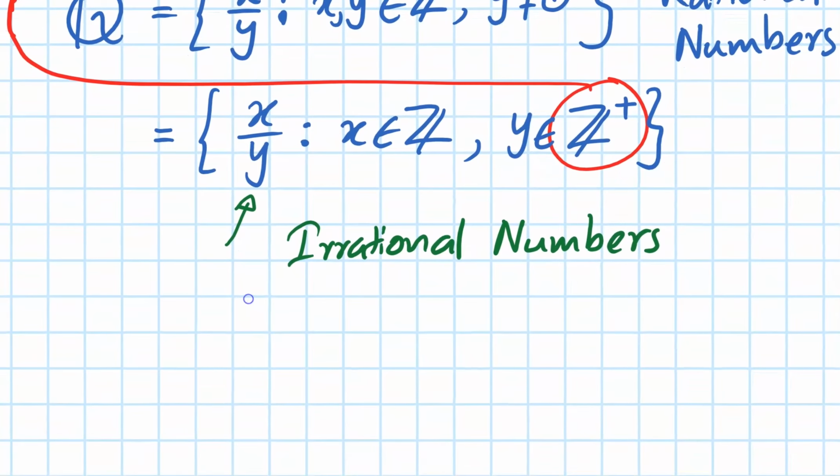Well, you've probably seen these numbers before. Let's have a look at square root of 2 or maybe pi.